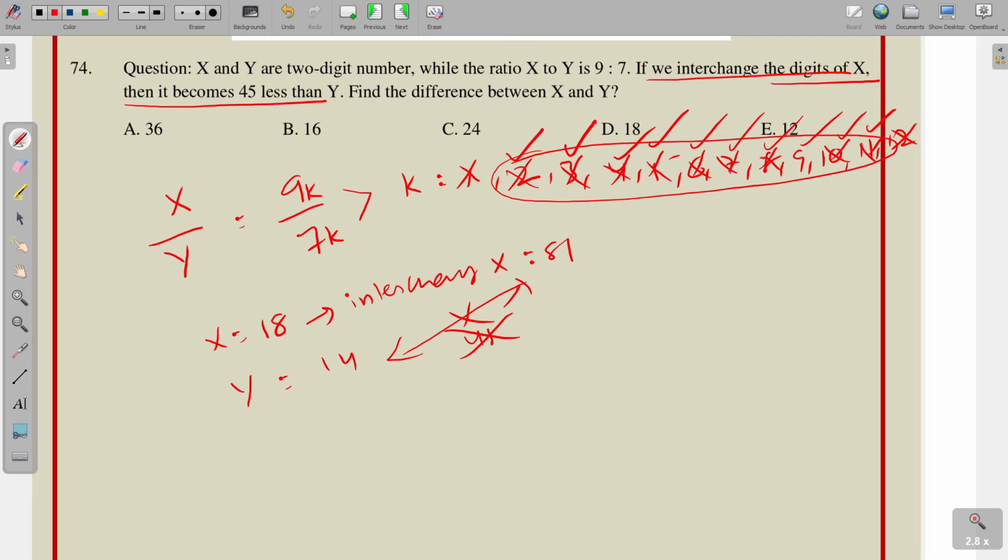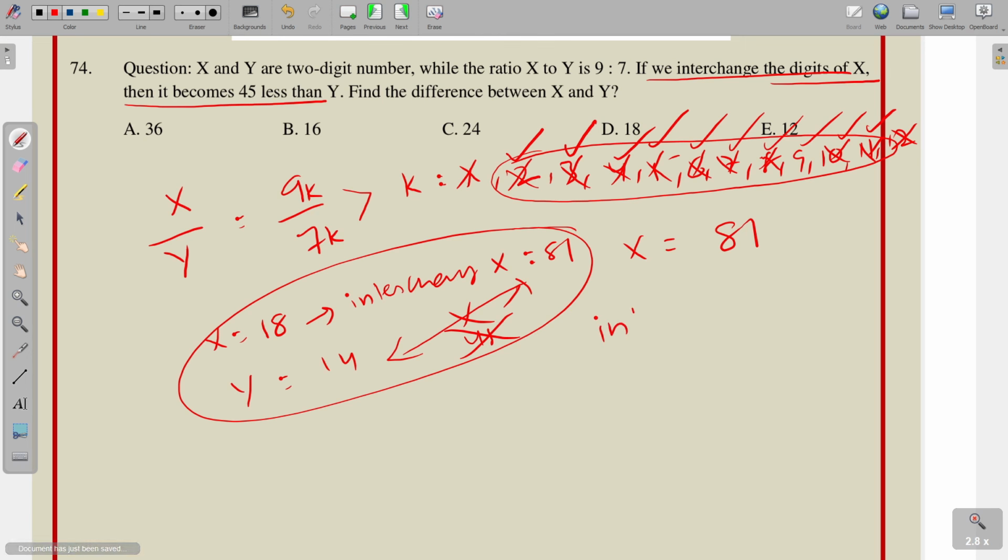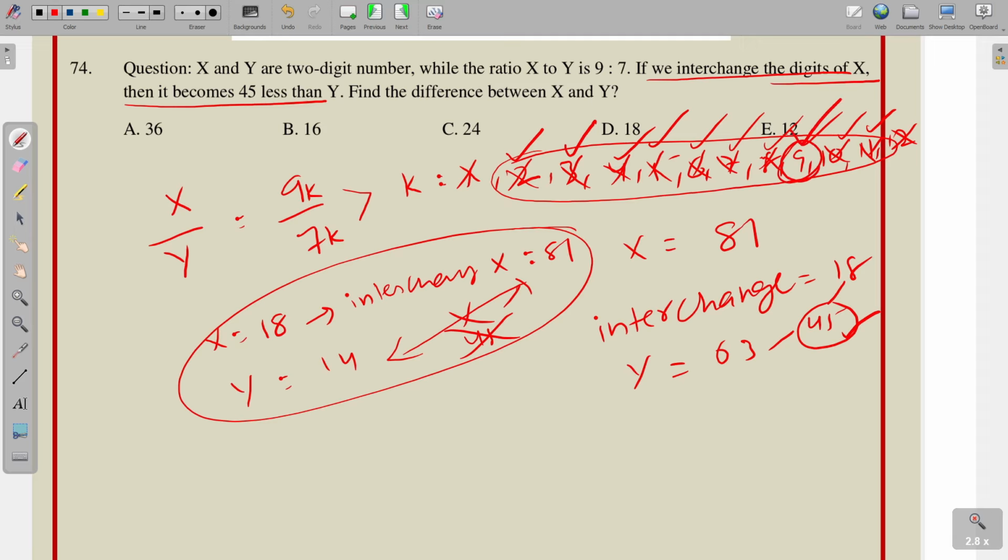If you substitute 9, 9 nines are 81, so X is 81. Now the interchange of the digits of X is 18, and what is Y? 7 nines are 63. Now Y is 45 more than the interchange of the digits of X, so this is the right answer for this question. So now the value of X is 81 and the value of Y is 63.